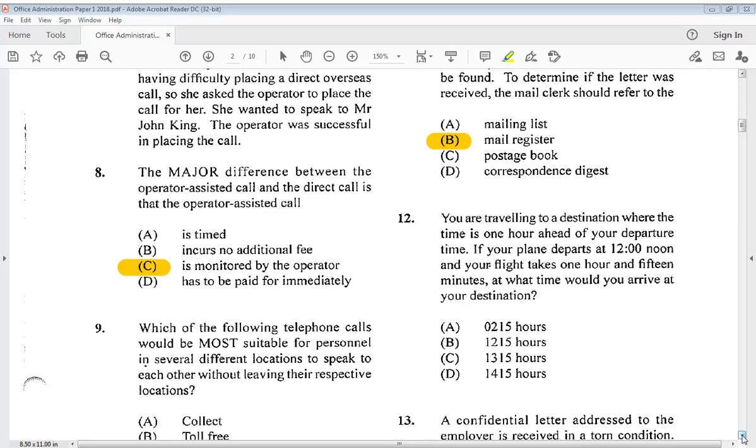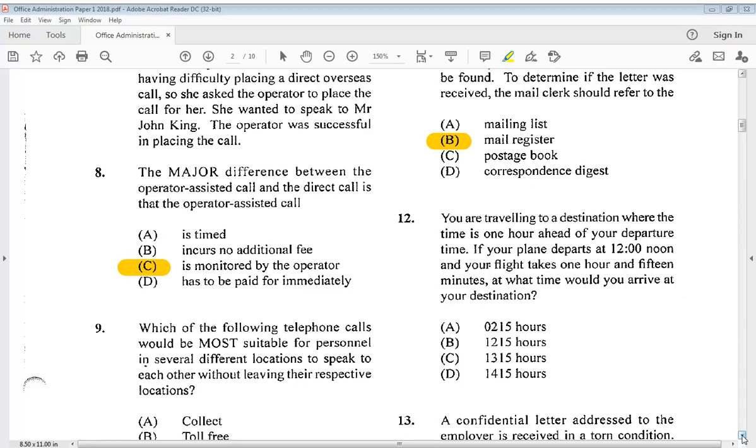Now, this question, some of you have been stating in the comments that the answer that I've provided is not the correct answer. But remember, it says the destination where you're going is 1 hour ahead of your departure time. That's a very important piece of information that you have to take into consideration in calculating the amount of time that you would take to arrive at your destination.